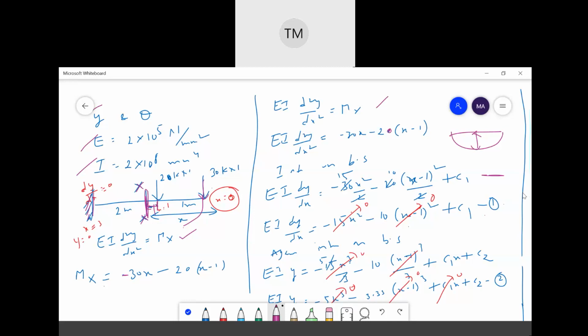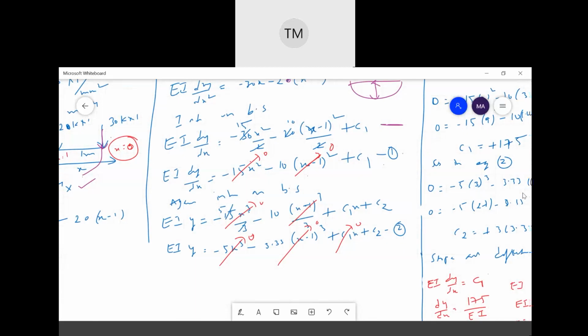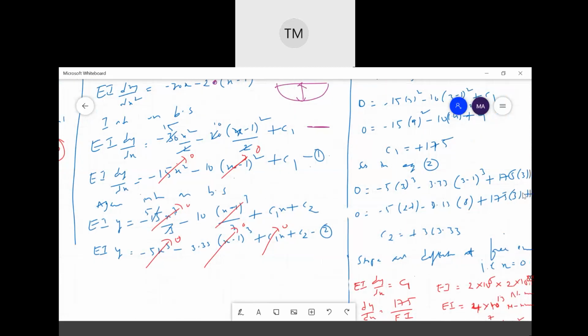Then again integrating on both sides, integration and differentiation cancel, and I will get y here. It is x cube by 3, and x minus 1 whole cube by 3, plus C1 x. Okay, here you are considering from the right side.